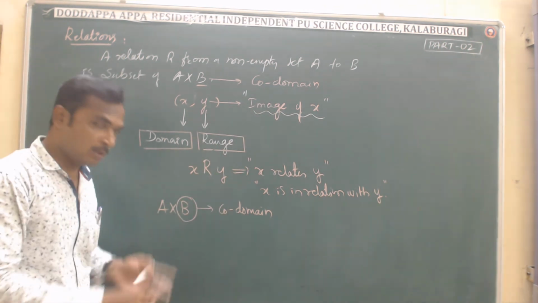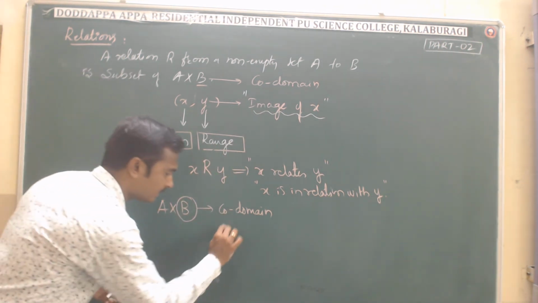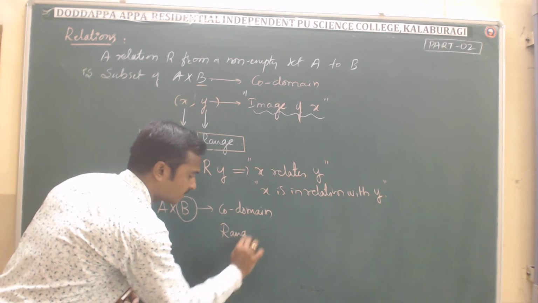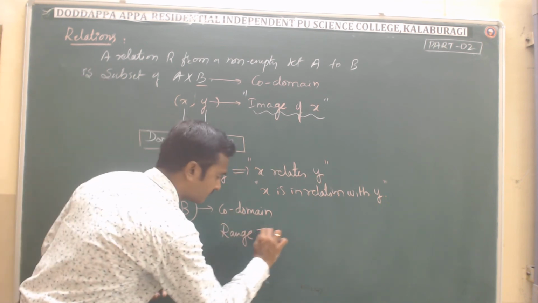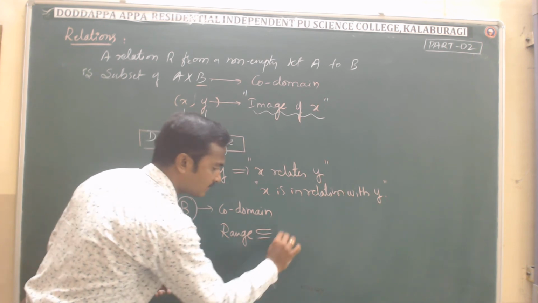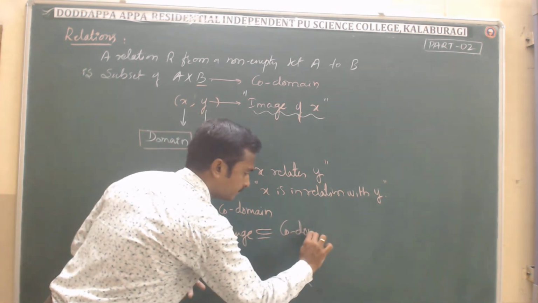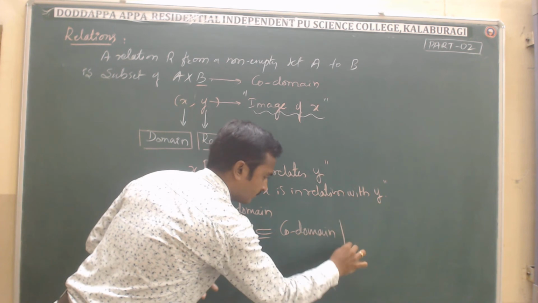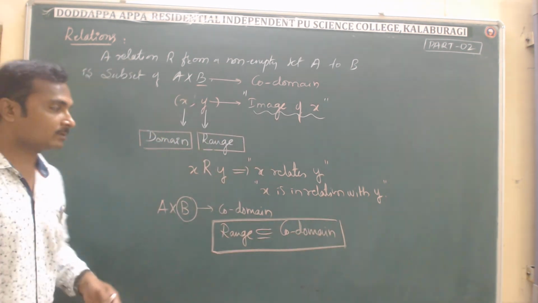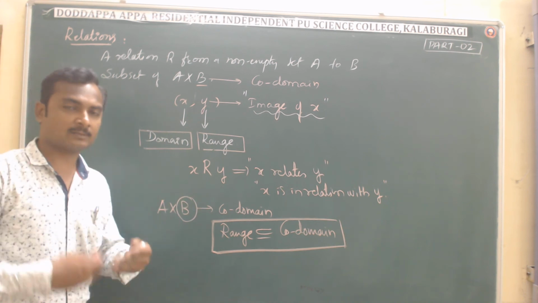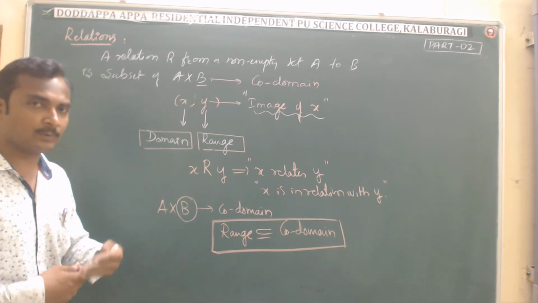Okay. So in this, we note one thing, that the range of this relation is always a subset of the codomain, or sometimes equal to the codomain. You have to strongly note this point. We will understand more with the example.